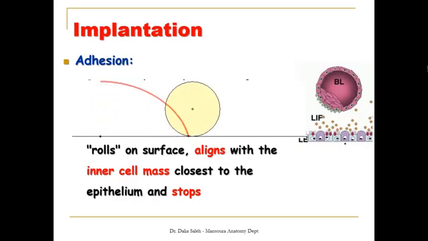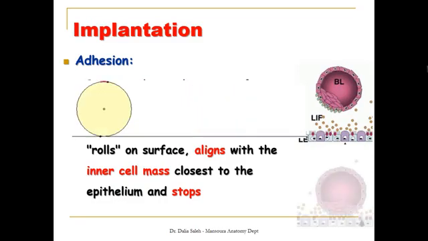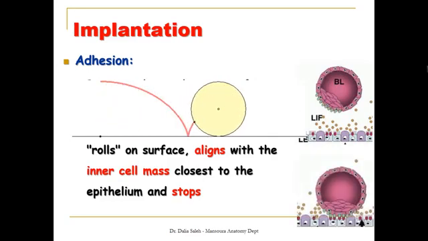It rolls on the surface of the endometrium and gradually slows in its motility till it stops completely. And the inner cell mass, because it is the heaviest point of the blastula, will align with the surface of the endometrium, like this.